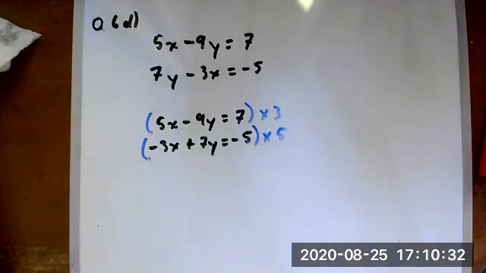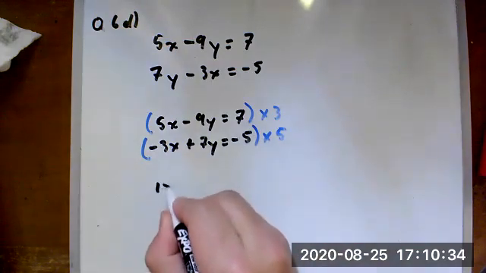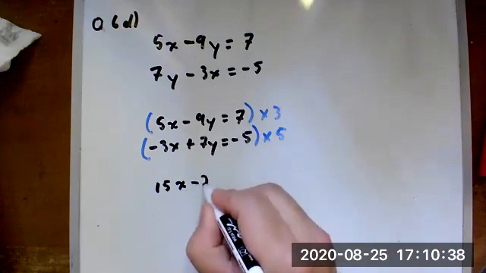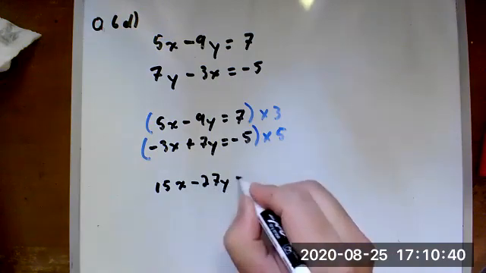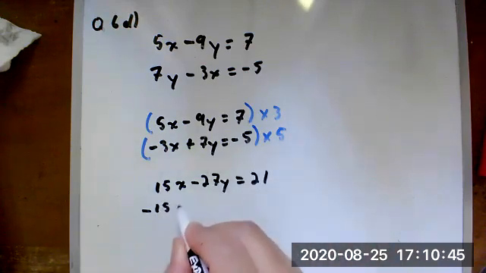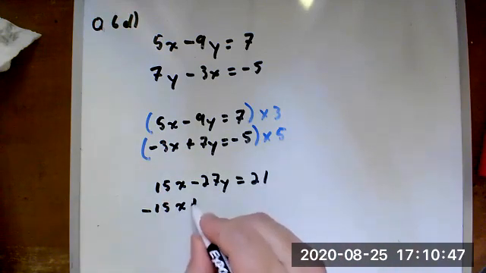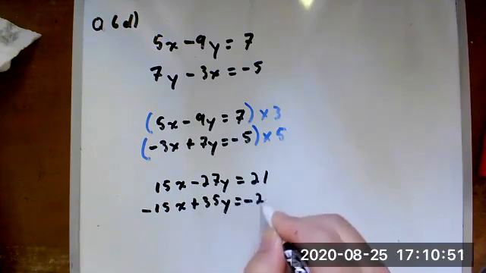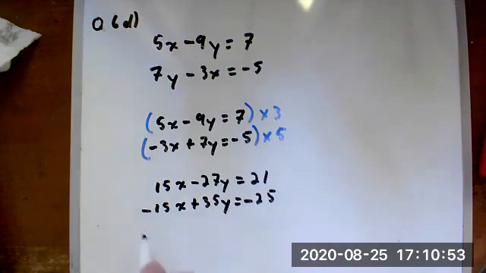And when I do that, I then have 15x minus 27y equals 21, and I have negative 15x plus 35y equals negative 25. Now I can add these equations.